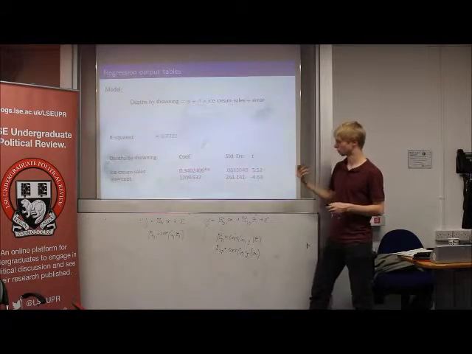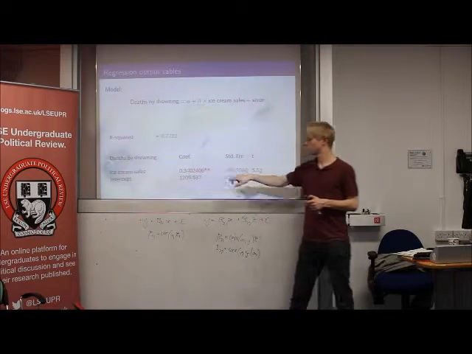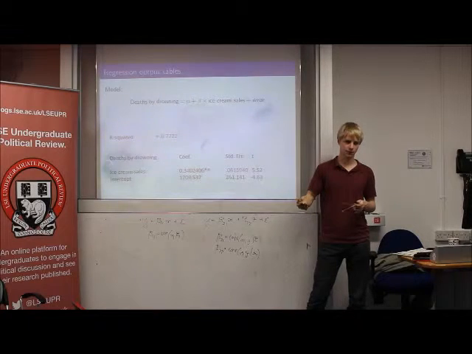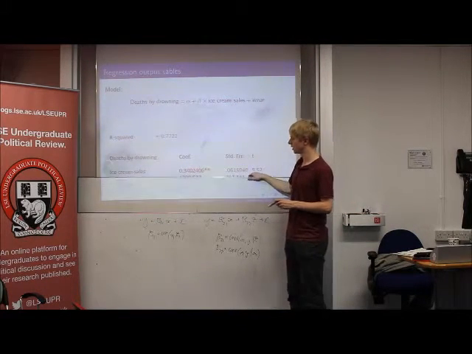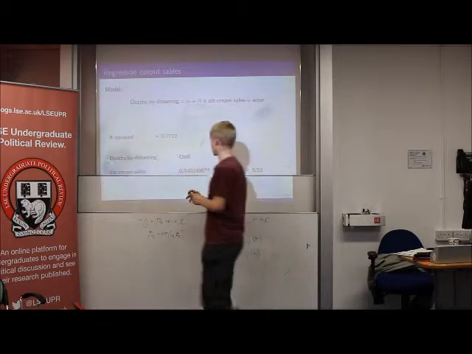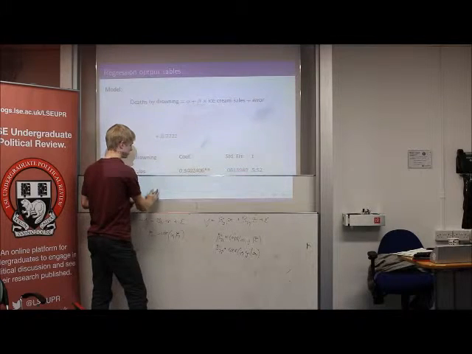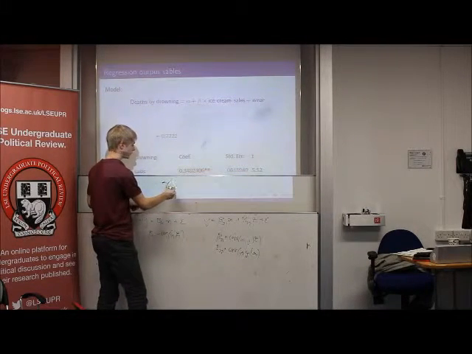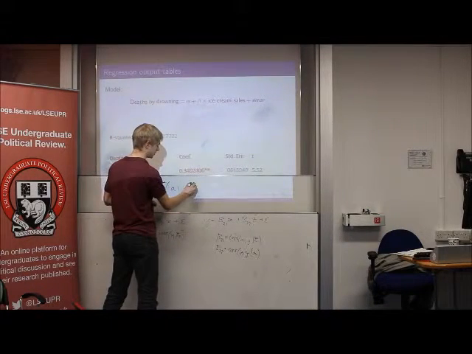So, in my opinion, what should really be reported here is something called the confidence interval. So the confidence interval is two numbers either side of this. Say, in this case, it might be 0.1 and 0.5.